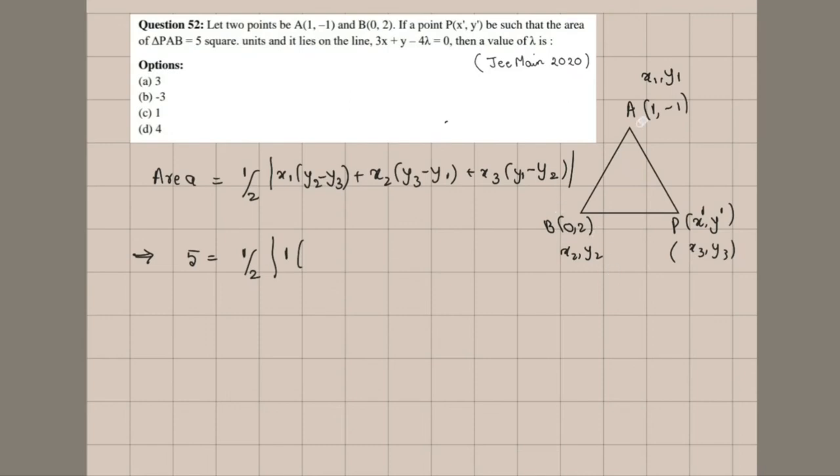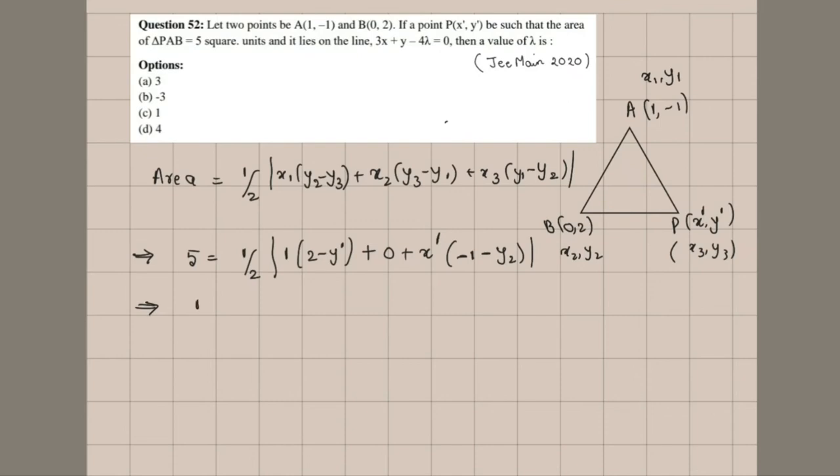So y2 minus y3 is 2 minus y dash, plus x2, and x2 is 0, so that term is 0. And x3 is x dash into y1 minus y2. What is y1? y1 is minus 1, y2 is 2. Minus 1 minus 2.